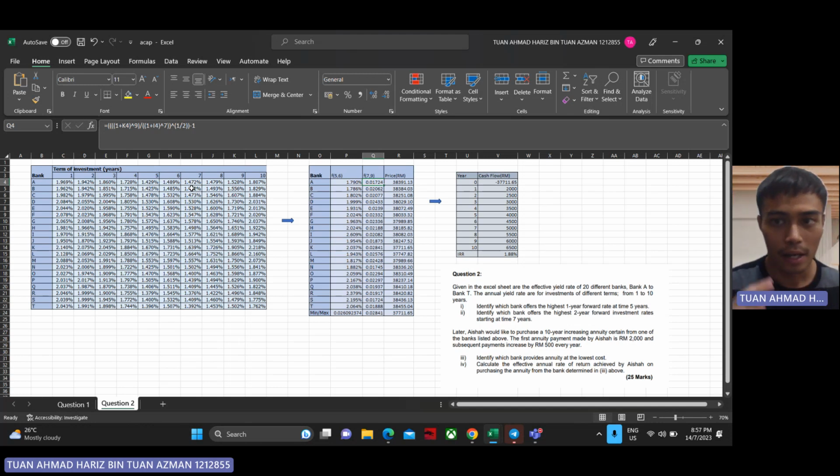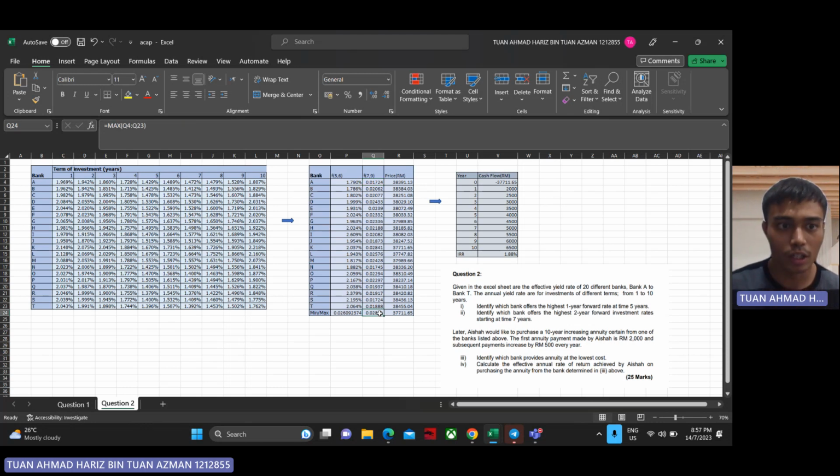All right, and then we can close the bracket and then minus 1. By then we can get the 2 year forward investment rate starting at time 7 for bank A, and the same goes for bank B until bank T.